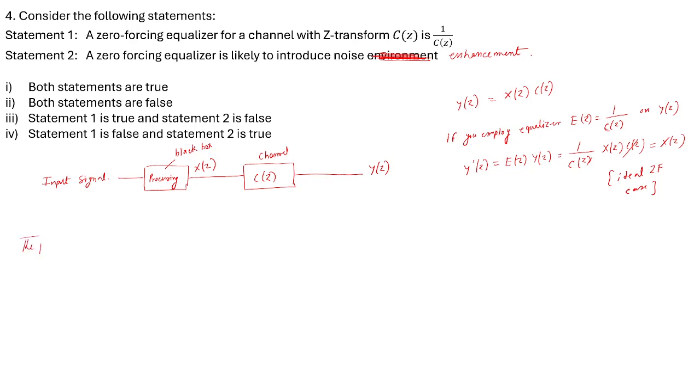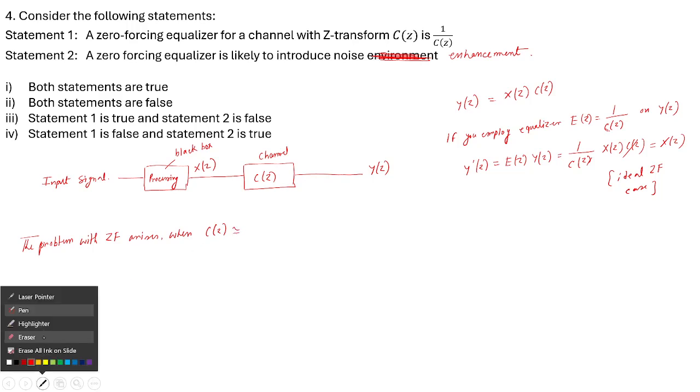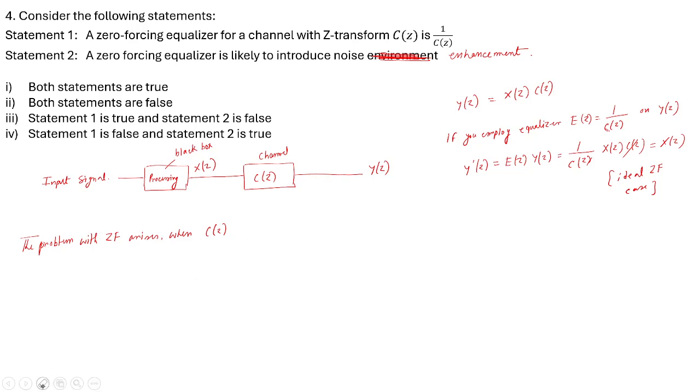So the problem with zero forcing arises when Cz is equal to delta, which is nothing but very close to 0.